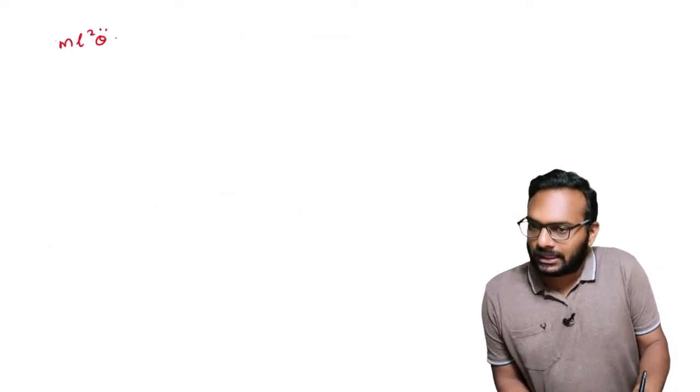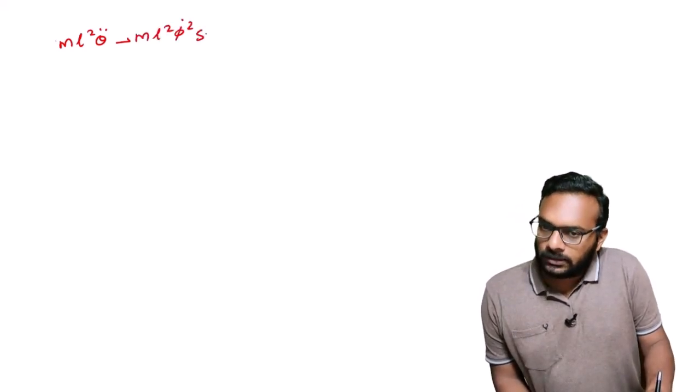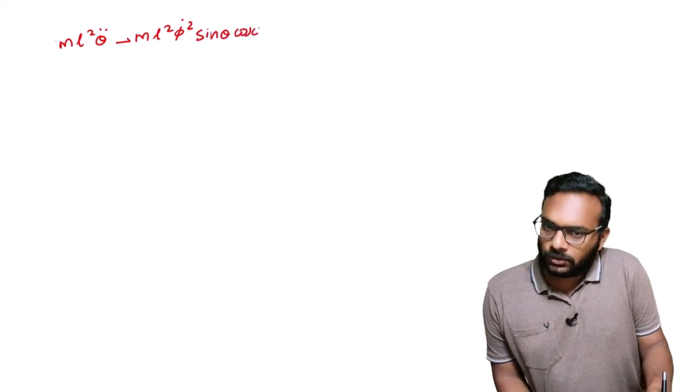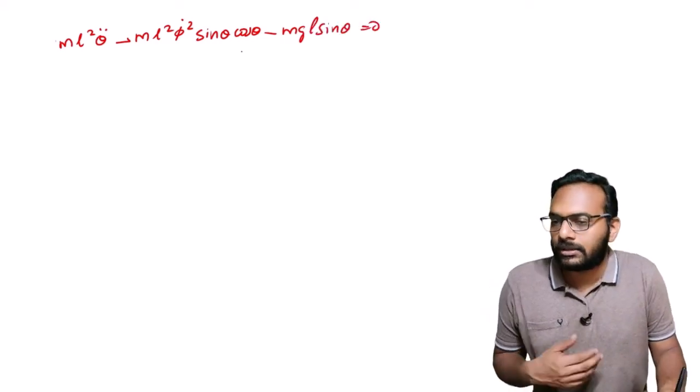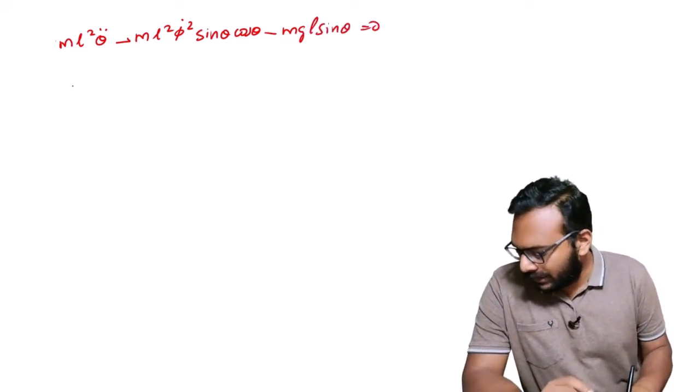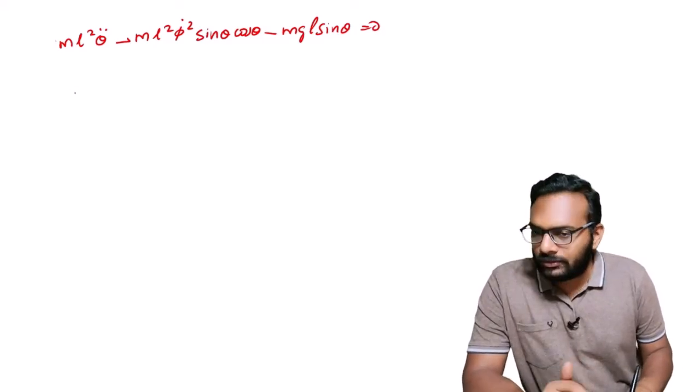For θ the equation becomes ml² θ double dot minus ml² φ dot² sin θ cos θ minus mgl sin θ is equal to 0. That's the equation for θ.